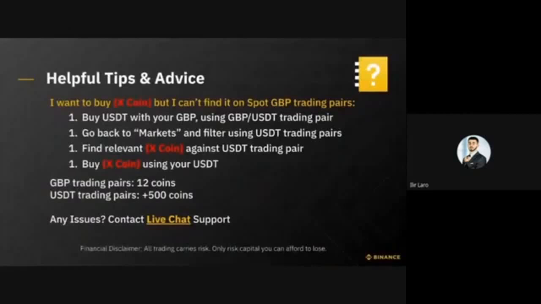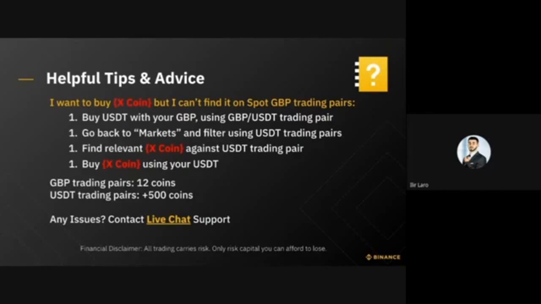To put this in steps: you buy USDT with GBP using the GBP/USDT trading pair, similar to before. You go back to markets and filter using the USDT trading pair section. You find the relevant coin. For example, if you want to buy X coin, you find X coin/USDT, and then you buy the X coin with your USDT.